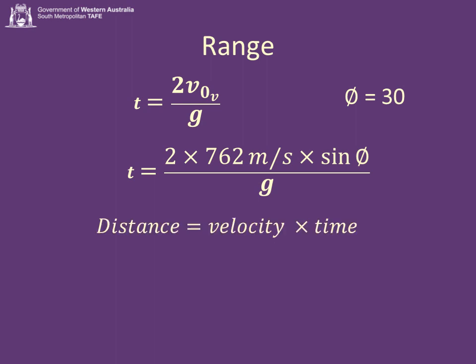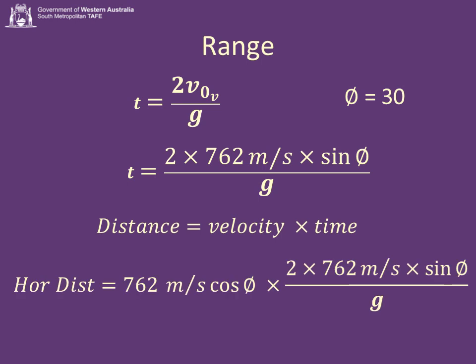I also know the distance the thing will travel is velocity times time. I know the horizontal velocity, that's 762 times cosine theta. I know the time, that's 2 times 762 times the sine of theta divided by g.